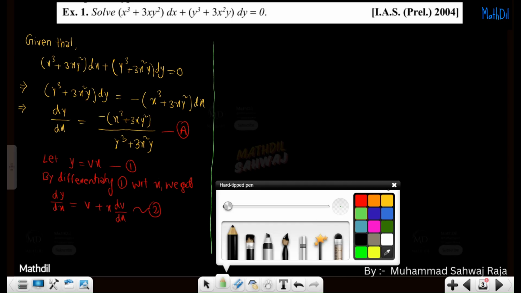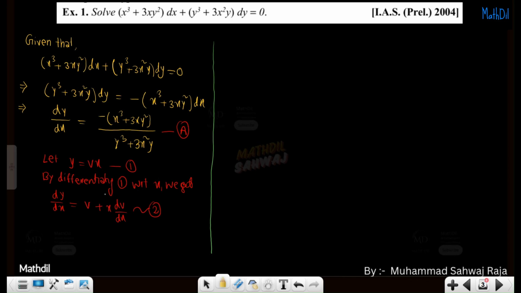So use this term. Okay, at first use this and this, right? So by using equation 1 and 2 in equation A, we get, what we get.